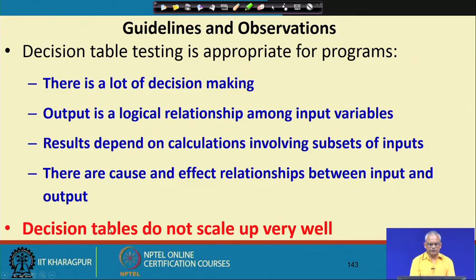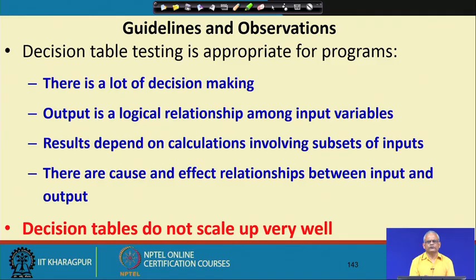But the only problem with decision table based test cases is that as the number of input conditions becomes large, the table size grows exponentially. If we have 3 Boolean conditions, we need 8 test cases.